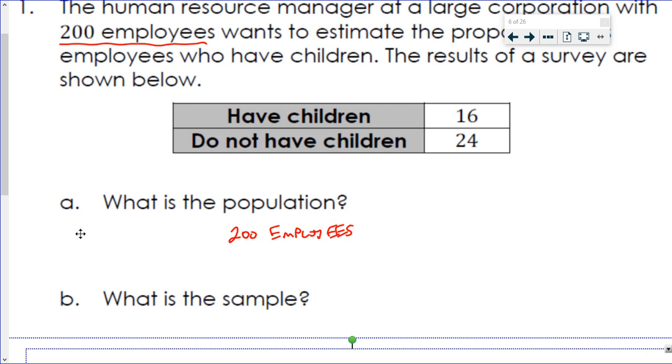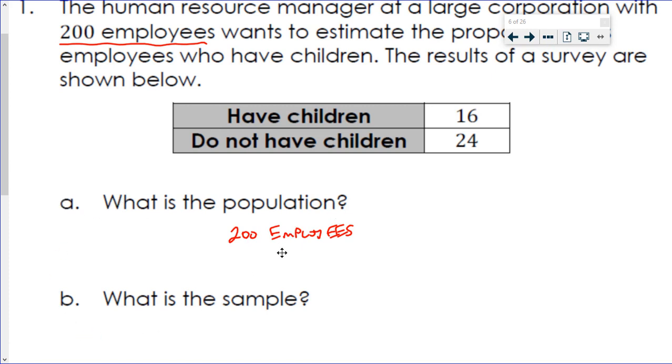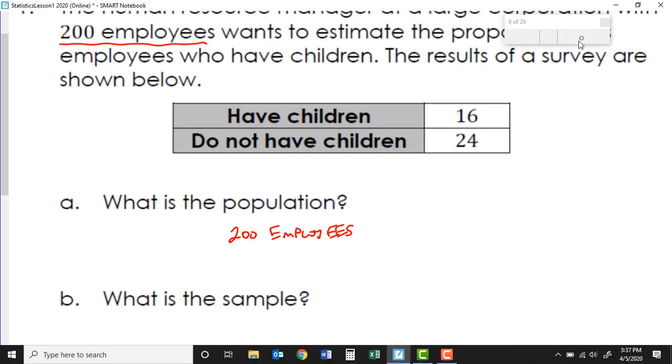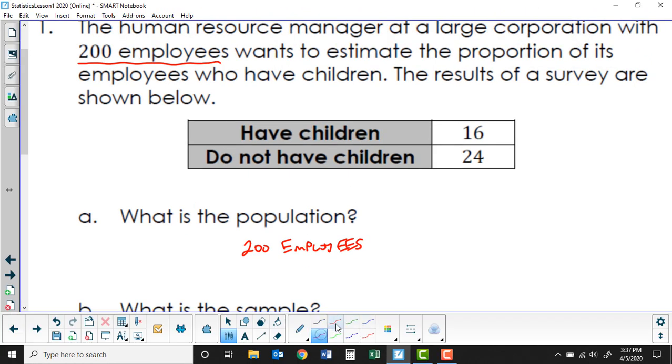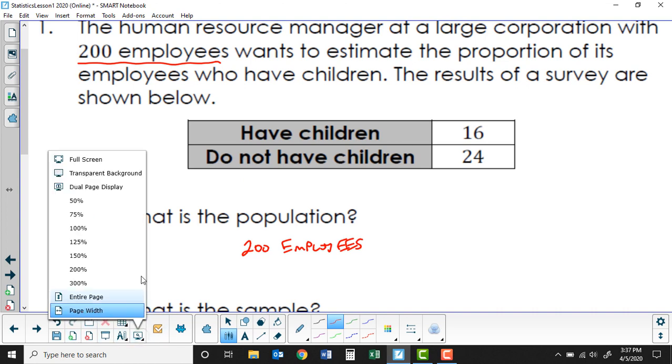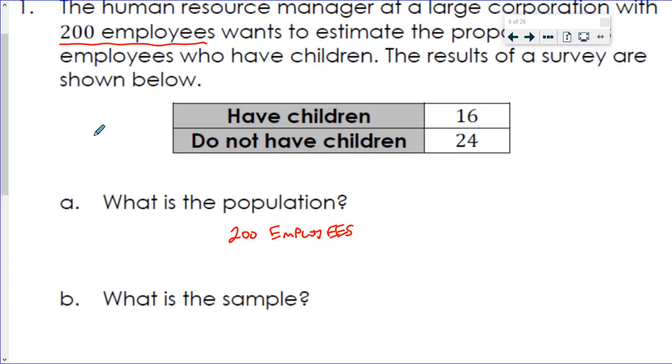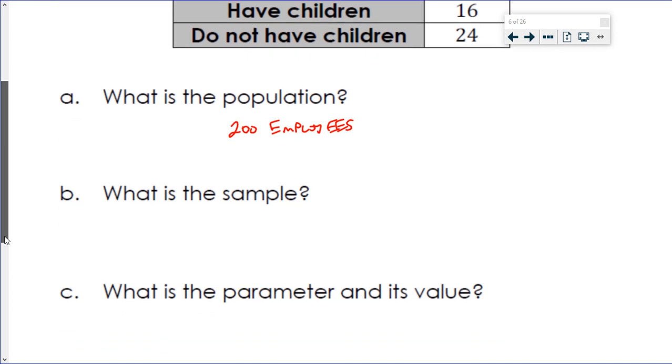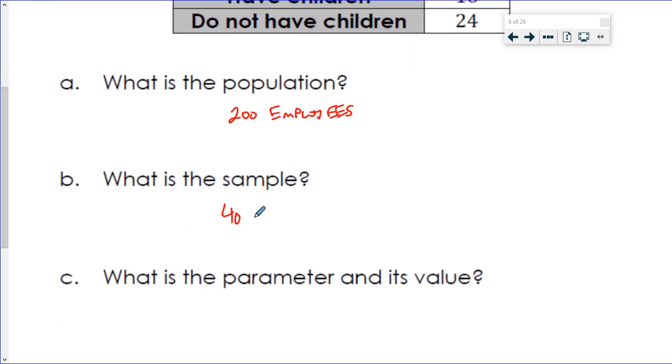I lost my pen. Try that again. All right. The sample would be the 40 employees that we talked to.